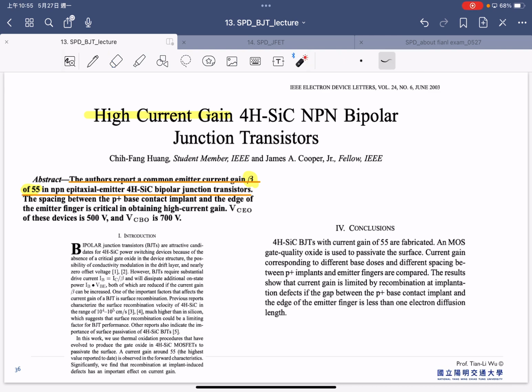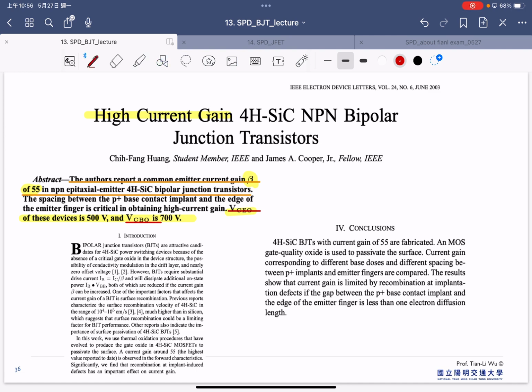And there's some detail. The space between the P plus base contact and the edge of the emitter finger is critical in the end to obtain the high current gain. And also, they report the VCEO and also the VCBO. So right, that's exactly the one we mentioned.